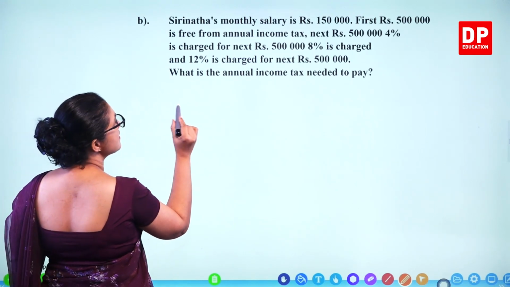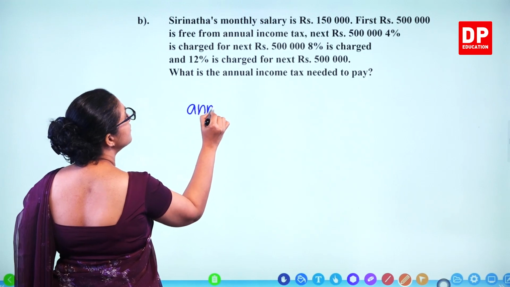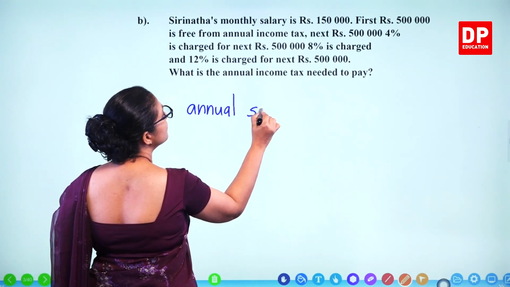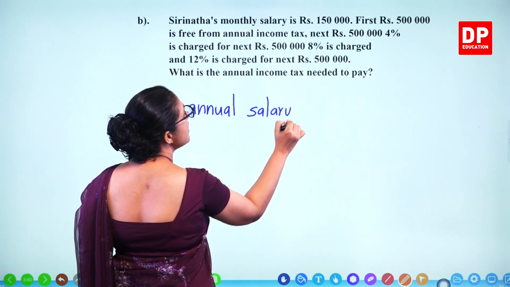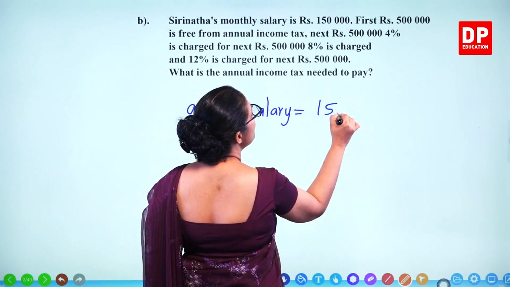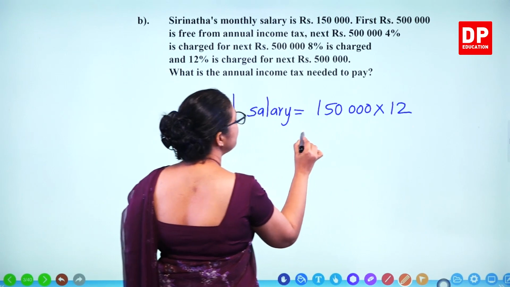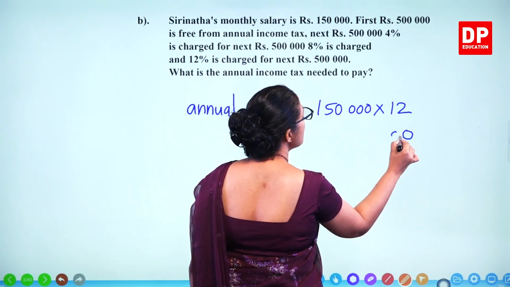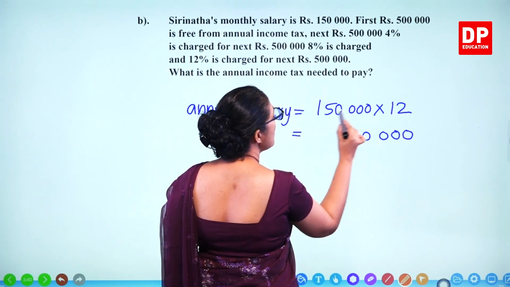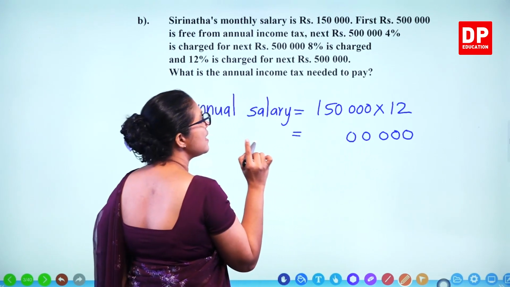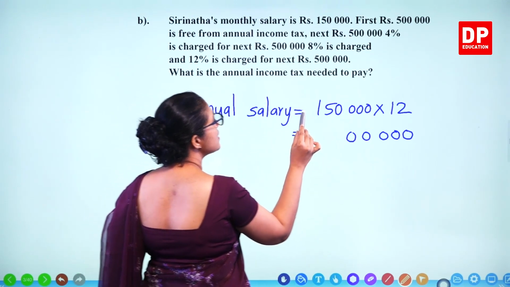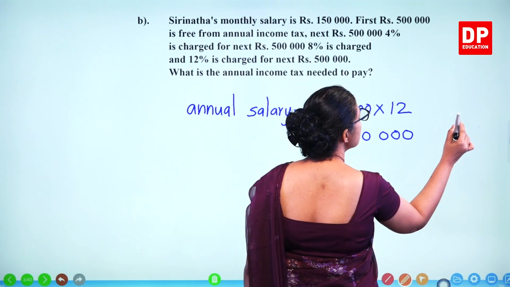The monthly salary is this. So what is the annual salary? Annual salary is 150,000 monthly salary into 12 months. 0, 0, 0, 0. 12 times 5, 60. 6 remaining. 12 times 1, 12 plus 6, 18.